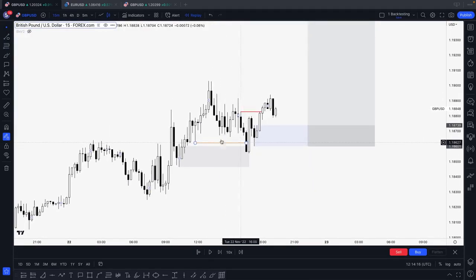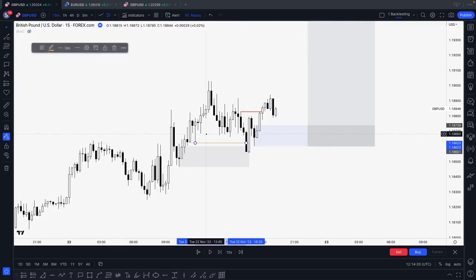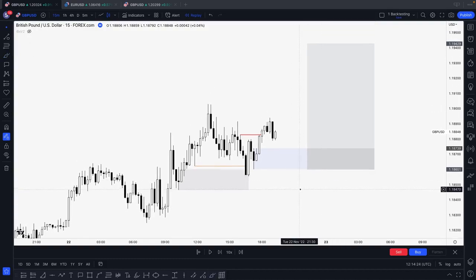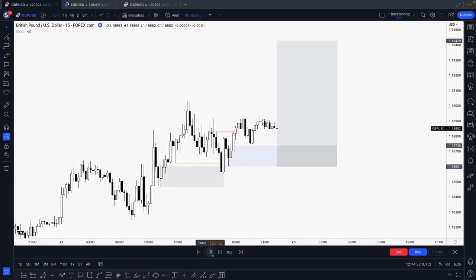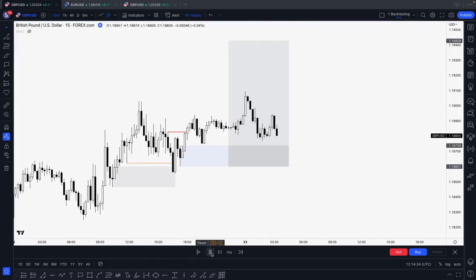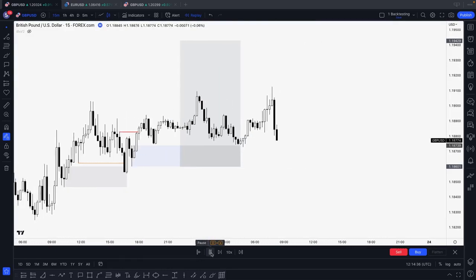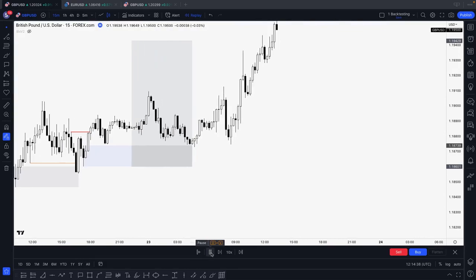And in this case, price swept this M15 lead, okay? Sometimes this won't happen and I miss a trade, but it is what it is. M15 is a little bit more conservative, okay? Price ended up tapping the zone and then continued to the upside.